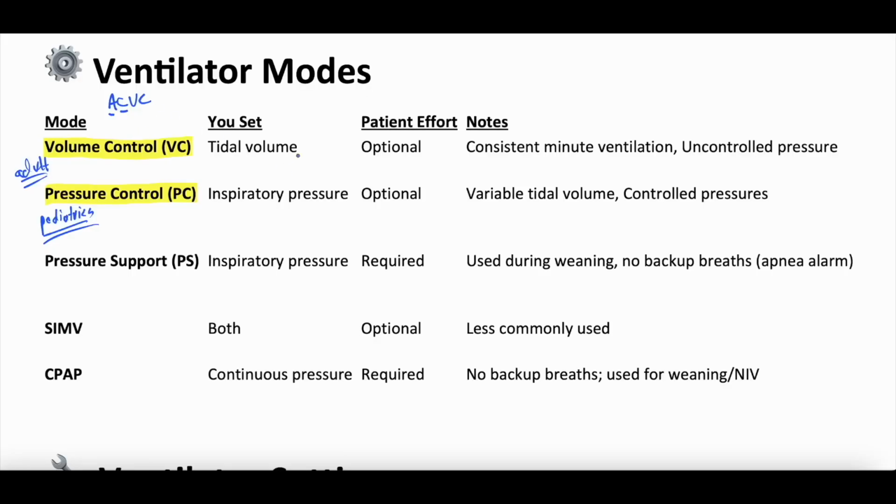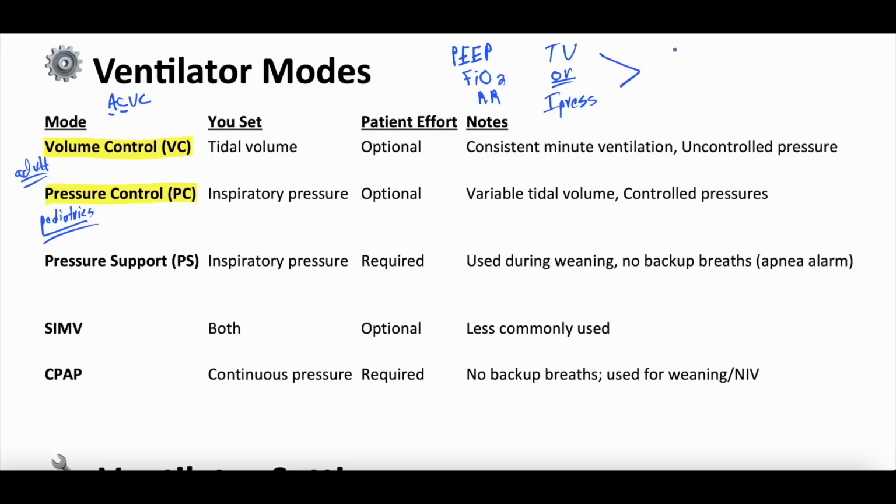But in volume control, the main variable you're setting is something called the tidal volume. Anytime you put a patient on mechanical ventilation, there's kind of four different things that you're setting each time. There's way more than that, but these are the four basic things: PEEP, FiO2, respiratory rate, and then either tidal volume or inspiratory pressure.